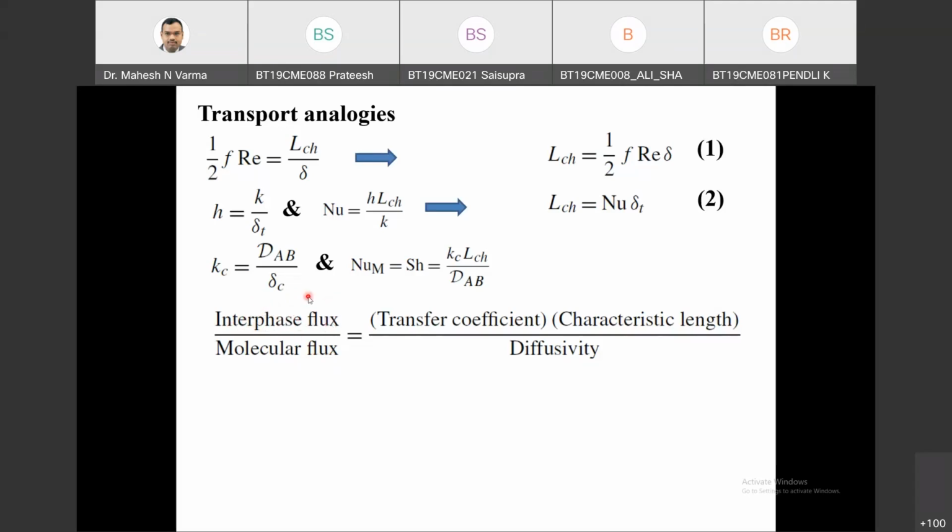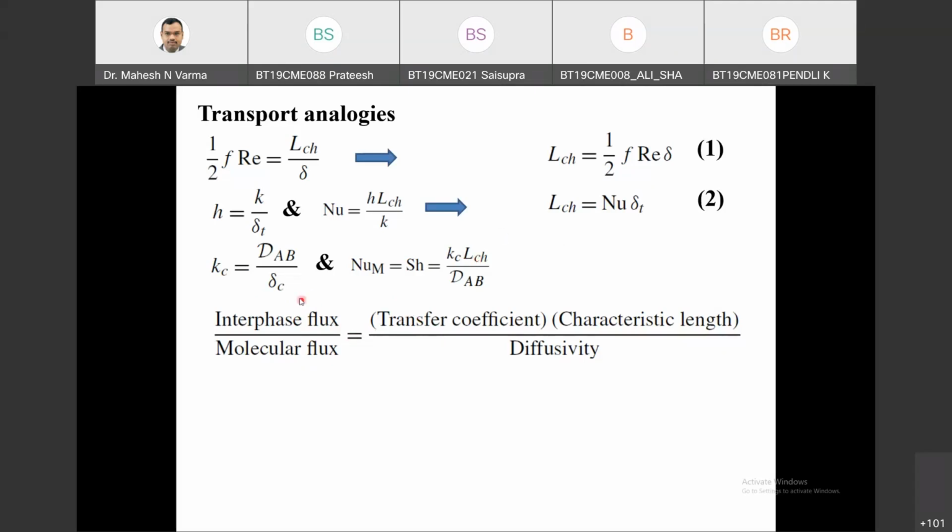Both are correct. I'm not telling that either is wrong, because whenever there is convection, 99% of the flux will be governed by convection, and only a minute flux will be there due to molecular flux. So this is why.